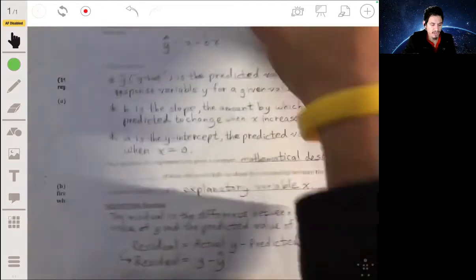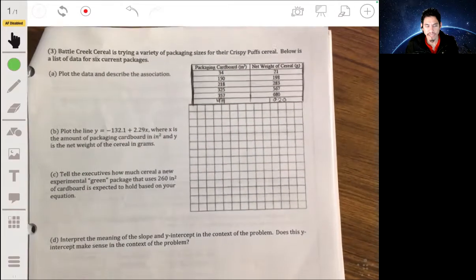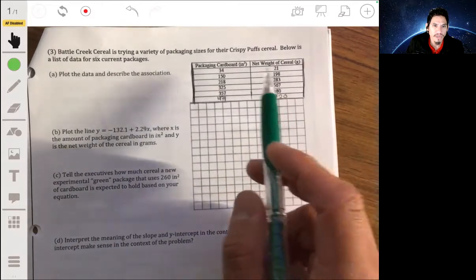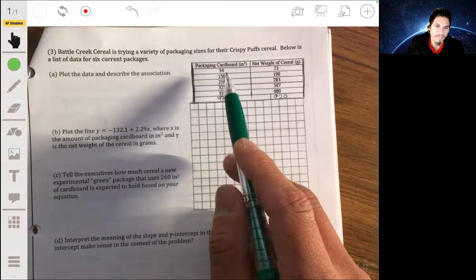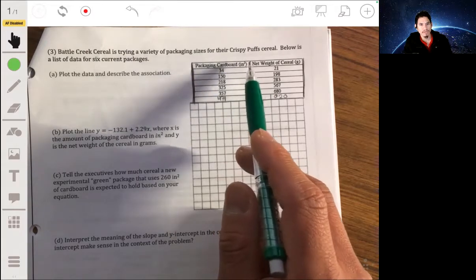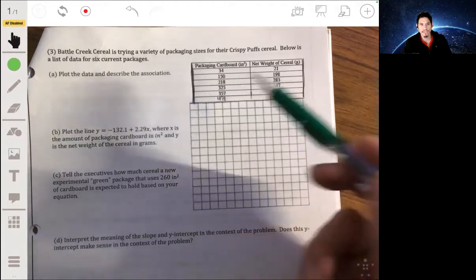So let's go through an example of how we can use this regression line for problems that we're going to be doing in stats. All right, so here we've got some data dealing with packaging cardboard, in square inches. This company is trying to make cereal, and they're packaging it in cardboard. Makes sense?